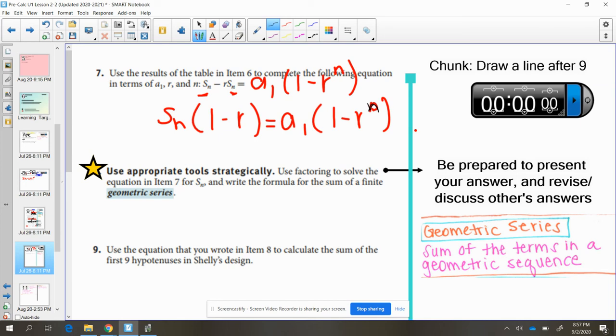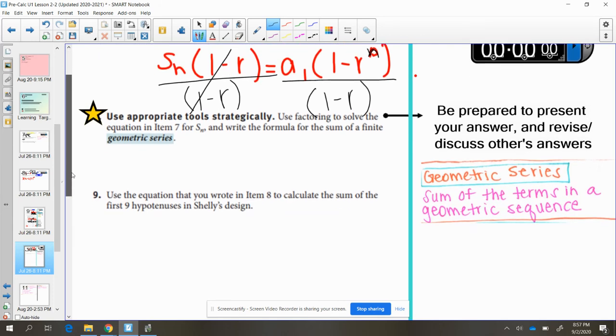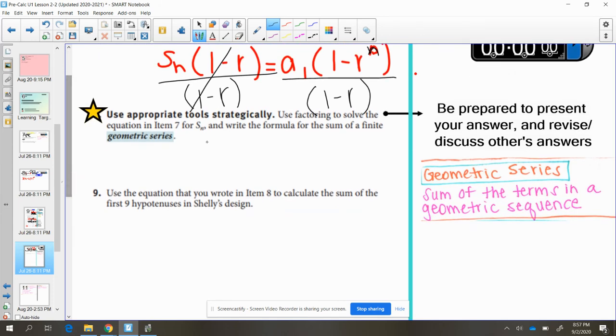Now what we're going to do is divide from the left-hand side to the right-hand side this 1 minus R, because now we have that S sub n by itself, which, if you finish here, ends up being our lovely formula for that partial summation. So all of that work was just to derive for us the summation formula for geometric series, right?